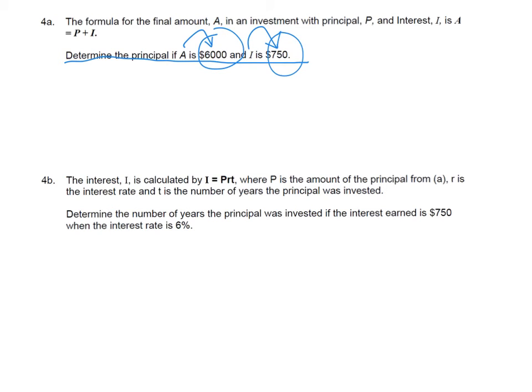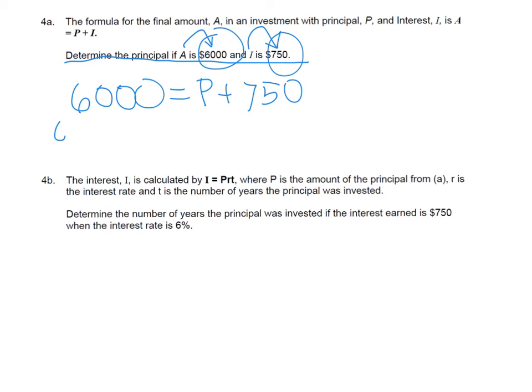A was 6,000 in the equation. 6,000 equals P, which we do not know, plus I, which was 750. So this is just a simple one-step equation. To isolate P, I'm going to have to subtract 750 from both sides of the equation.